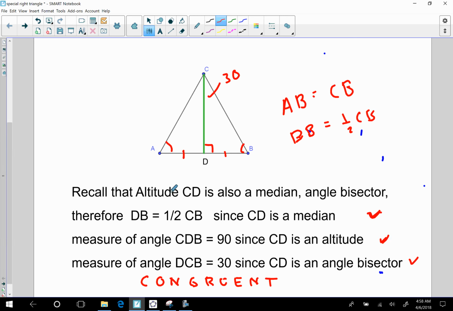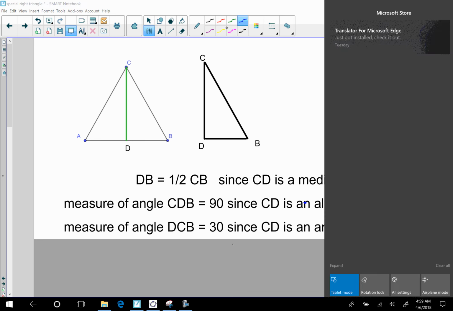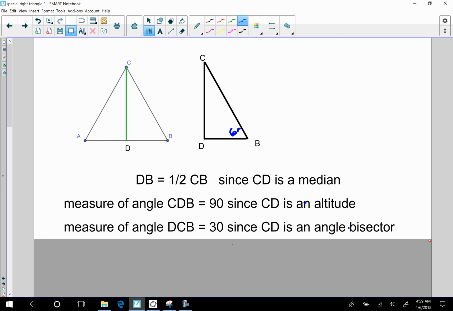So let's go to the next page, and we're going to focus on this triangle, and we're going to call that triangle a 30, 60, 90 triangle, because this angle is 60, this angle is 30, and this angle is 90.